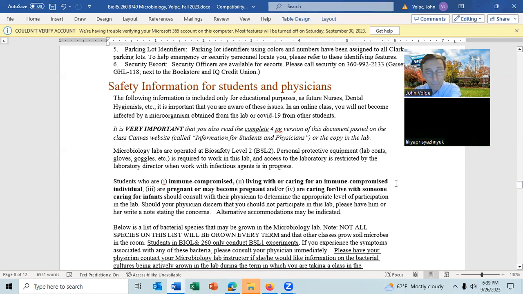In the lab, assuming we were to go into the biology lab, we would have the lab operating at biosafety level 2 or BSL 2. And that means we have personal protective equipment. Students are required to wear a lab coat. They wear gloves. If they're working with a splash hazard, they have to wear goggles.